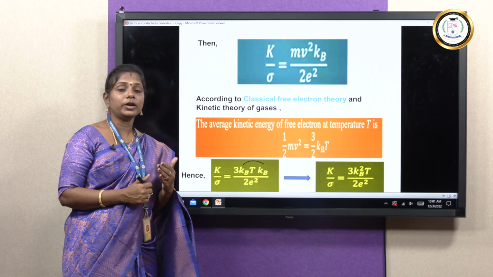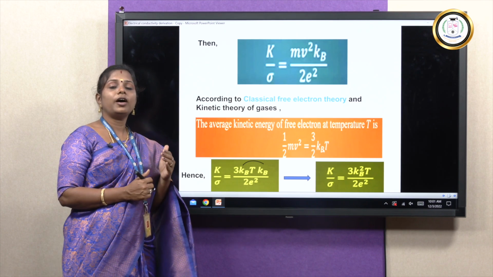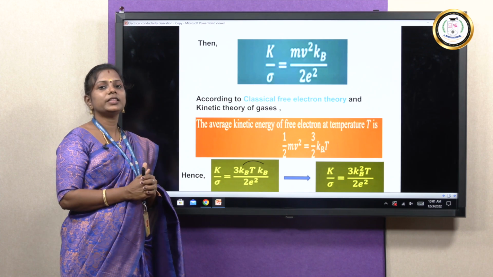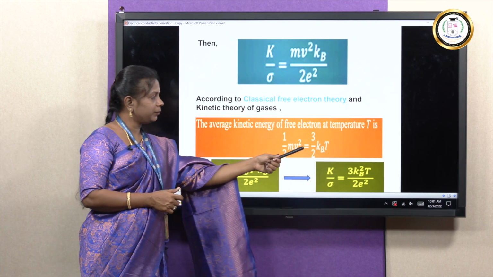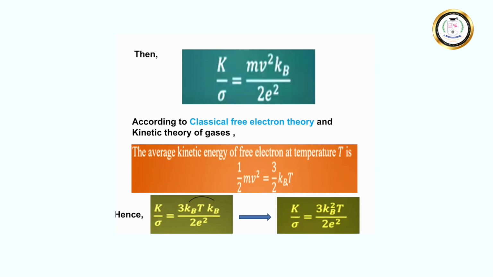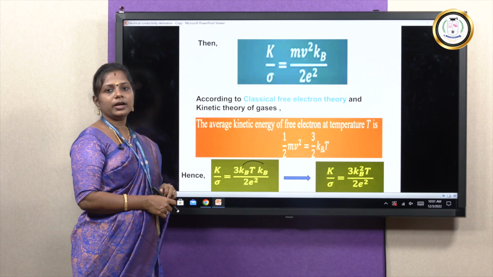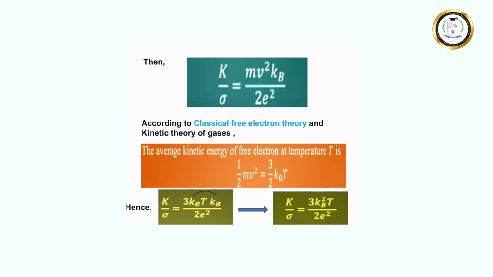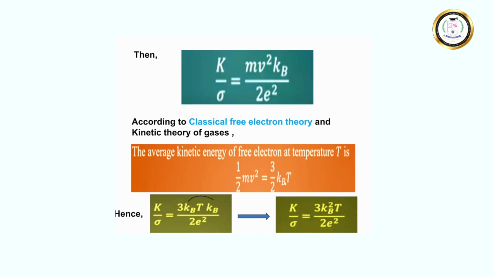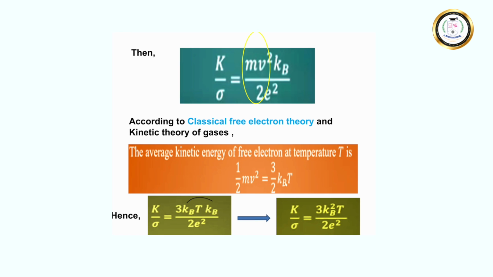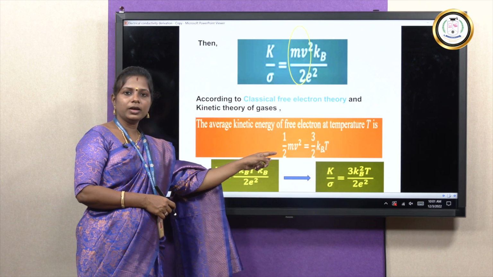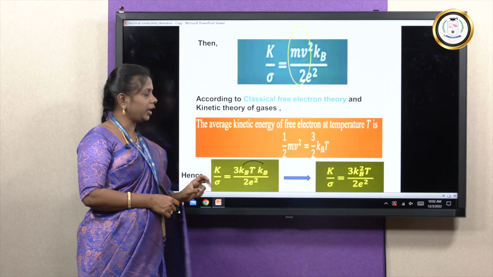In our part 1 itself we discussed that half mv square can be equated to 3 by 2 kBT, where Kb is the Boltzmann constant and T is the corresponding temperature. In our ratio of K by sigma, how can we correlate the kinetic theory of gases? We can take this half mv square, which can be equated to 3 by 2 kBT.